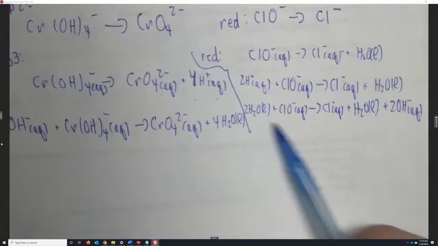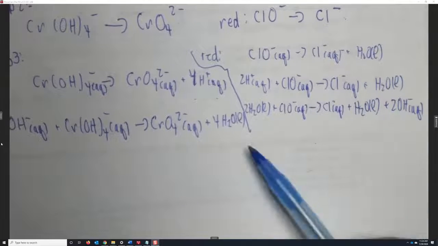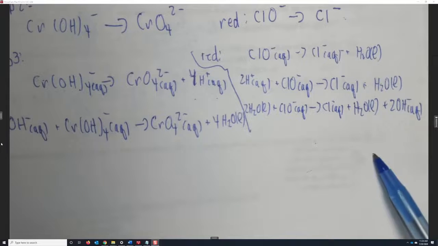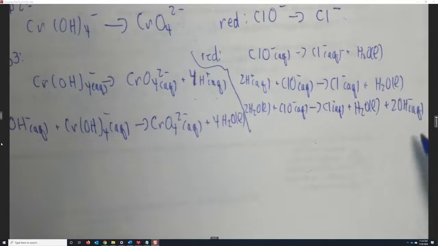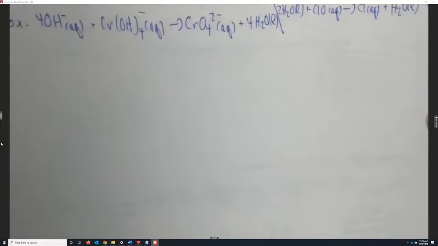So I've now successfully balanced the masses, the same number of elements on each side, and at the same time I have also made it a basic solution by adding the appropriate number of OH minuses to get rid of the H pluses. So it's basically just an extra step when it's in a base, as you've seen before.